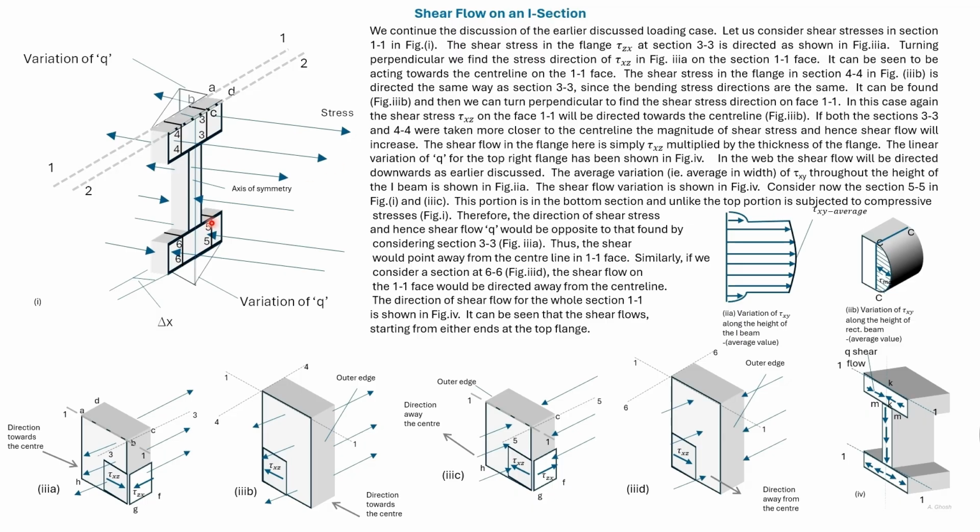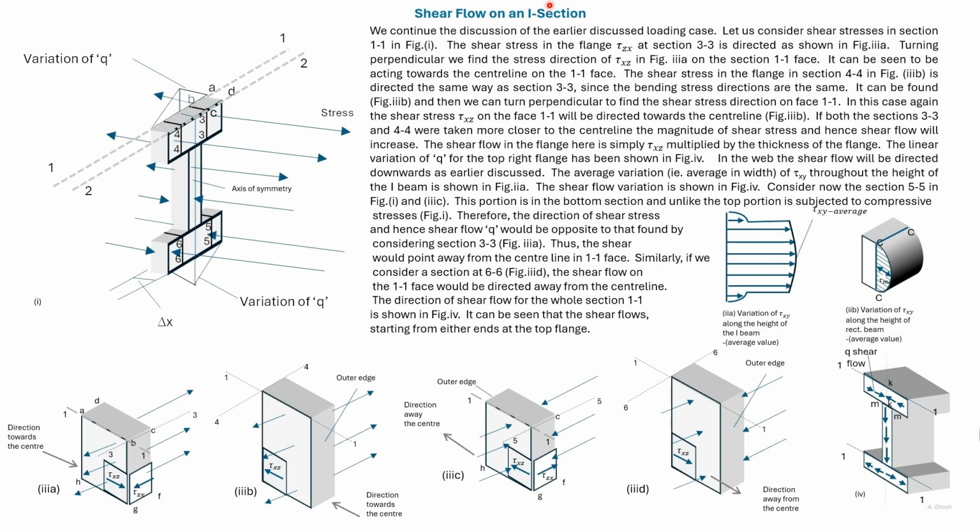The web here can be considered to be a rectangle with small thickness. So the variation of tau xy in the web will also be parabolic. If the web is thin, the variation of tau xy from top to bottom will be small.